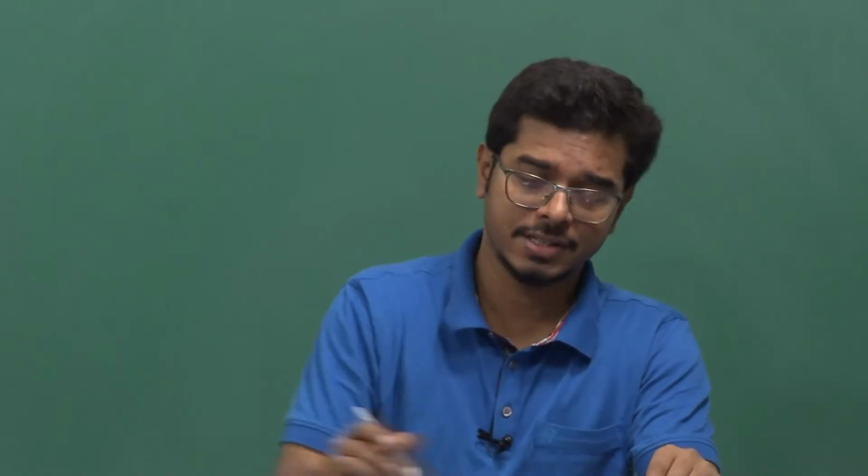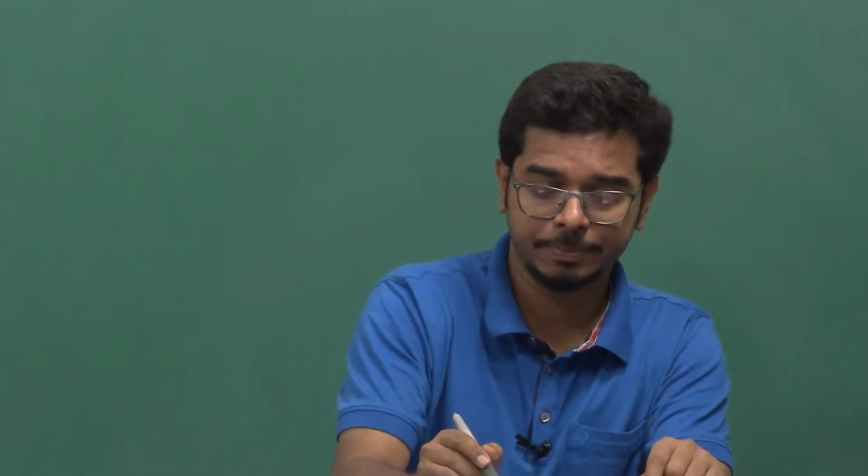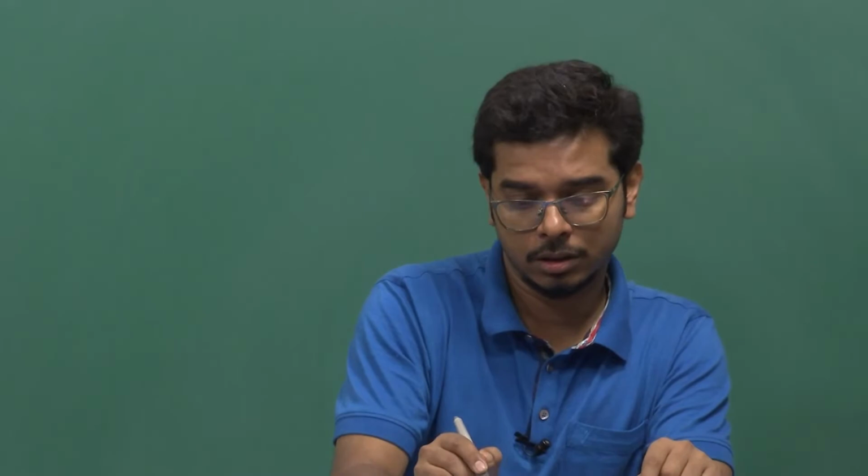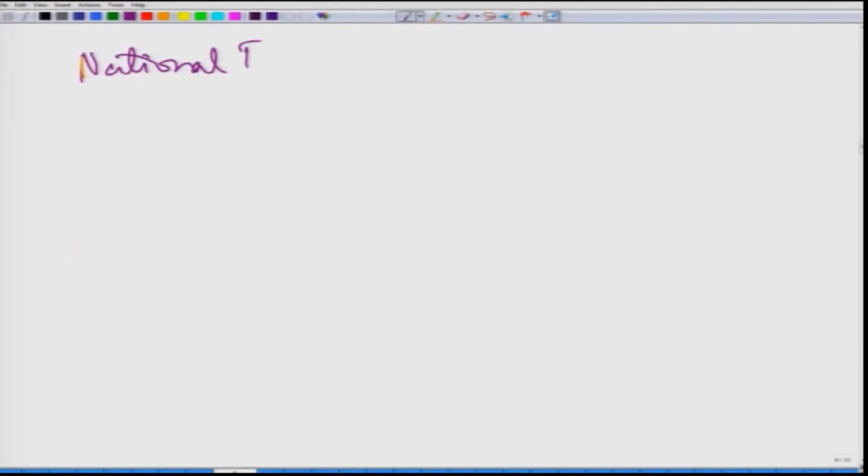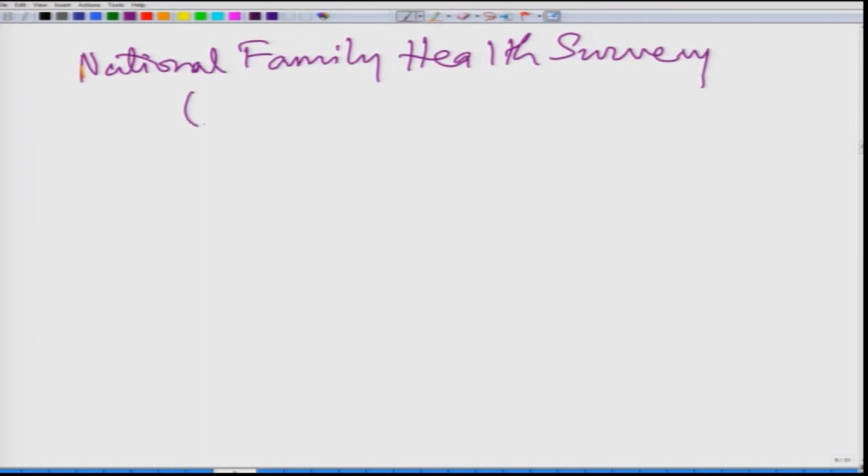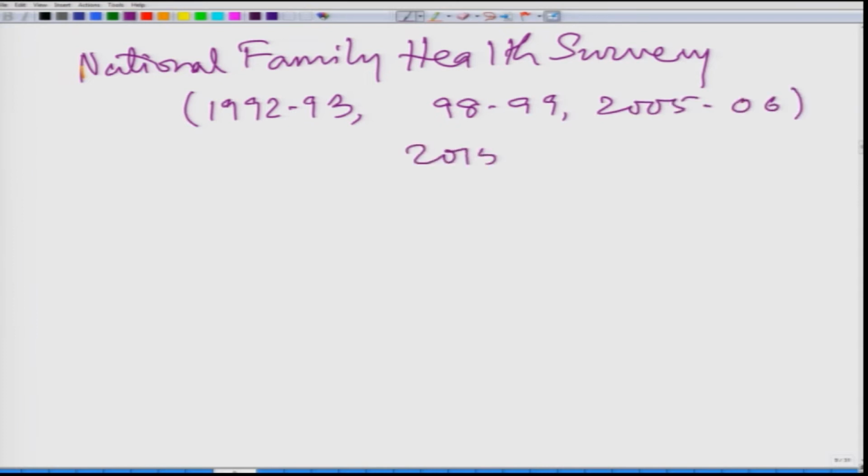Even though we have surveys like the National Family Health Survey, which started in 1992-93 and continued in 98-99, 2005-6, and the next one is 2015-16, yet to come out, most likely this year end.